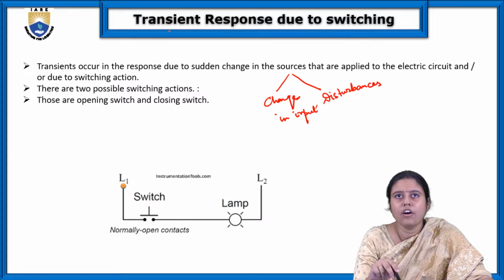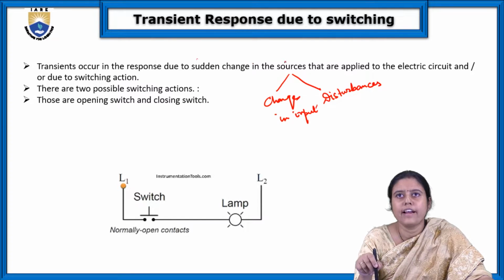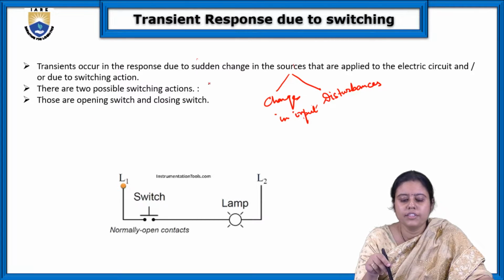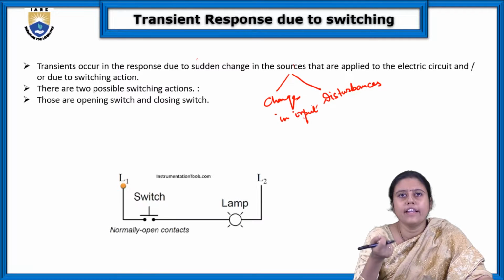So a transient occurs in the response due to the sudden change in the source, that is, change in input or change in disturbances that are applied to the electrical circuit, or due to the switching action. There are 2 possible switching actions in any electrical circuit.